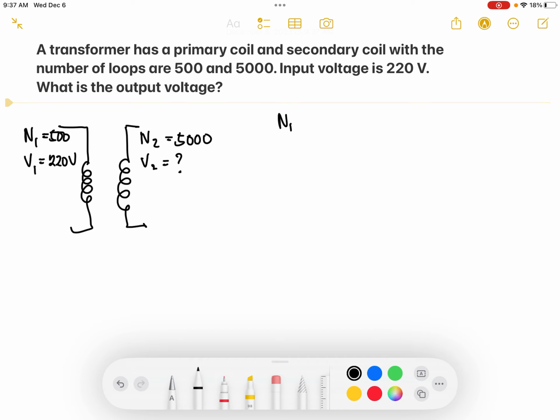So, using our formula, N1 is 500, we have 5,000 is equal to 220 divided by V2. Solving for this one, V2 is equal to, can you try to solve it on your own?